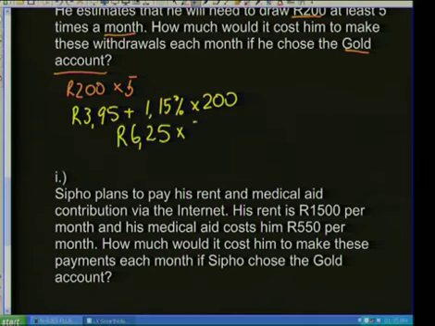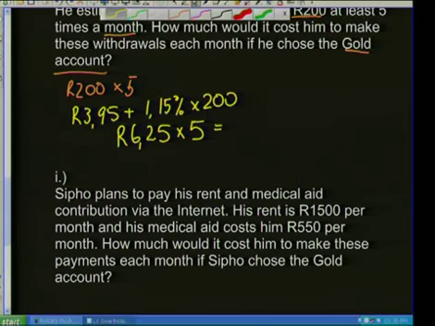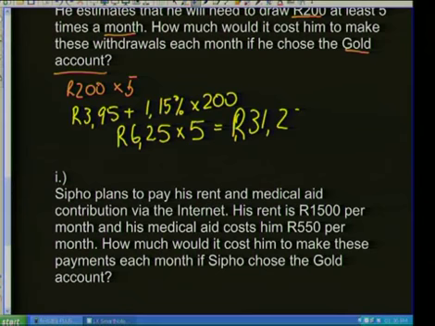And he's doing that 5 times, so we're going to times it by 5, and it's 31 Rand 25. So, perfect. Now we can move on to the next part of the question.